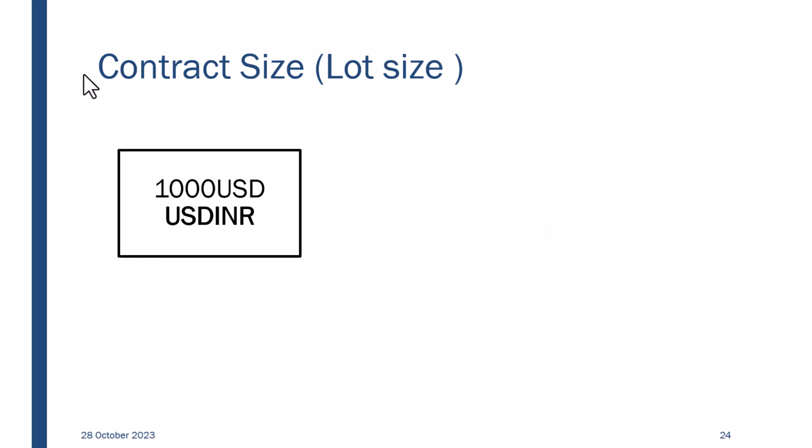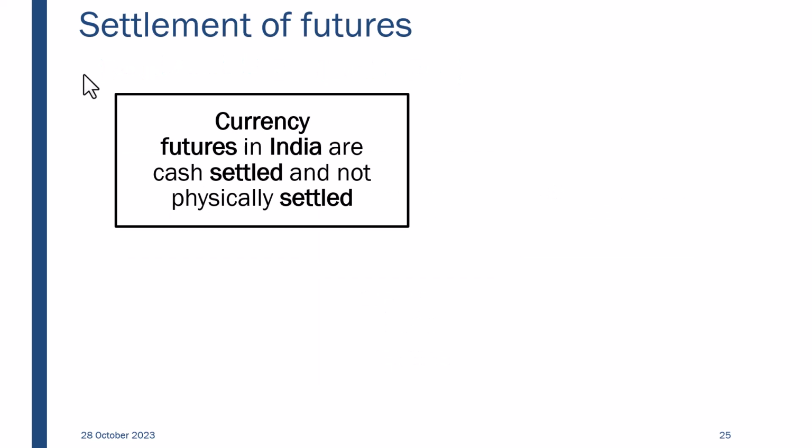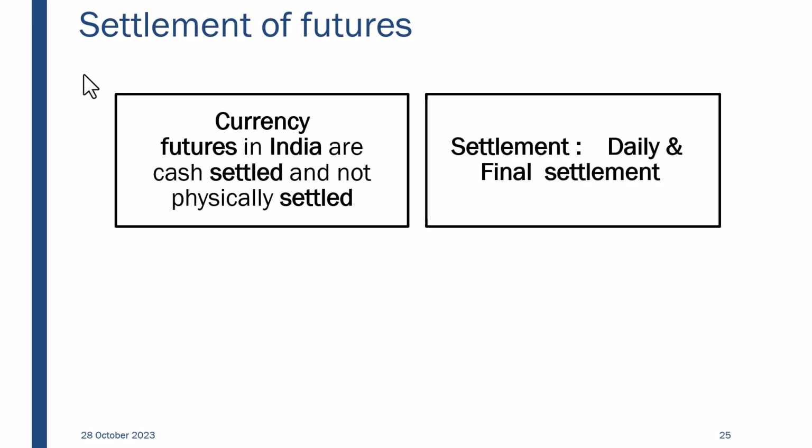Then the contract size is $1,000, which I explained. Currency futures in India are cash settled and not physically settled. Both options and futures are cash settled, not delivery settled. You will not get delivery of dollars, or have to give delivery of dollars or any other currency.